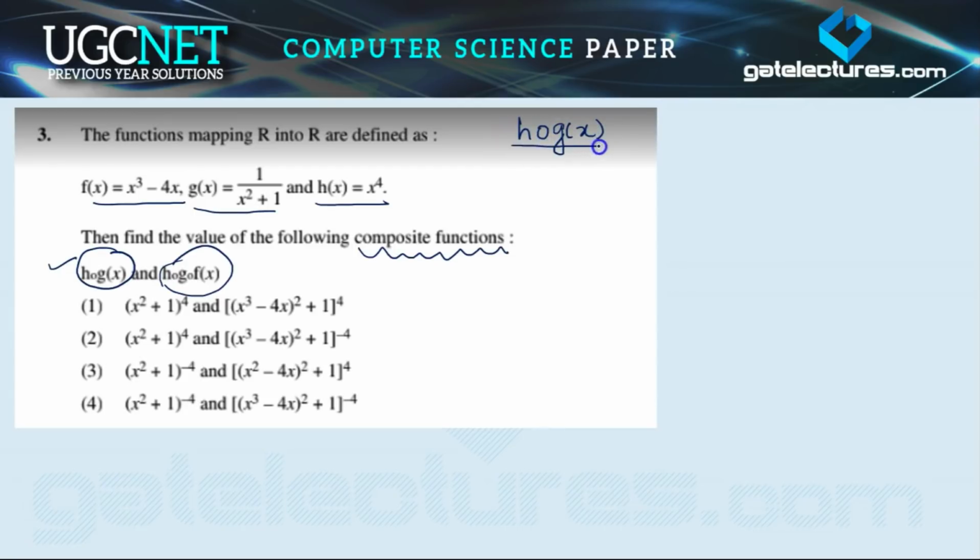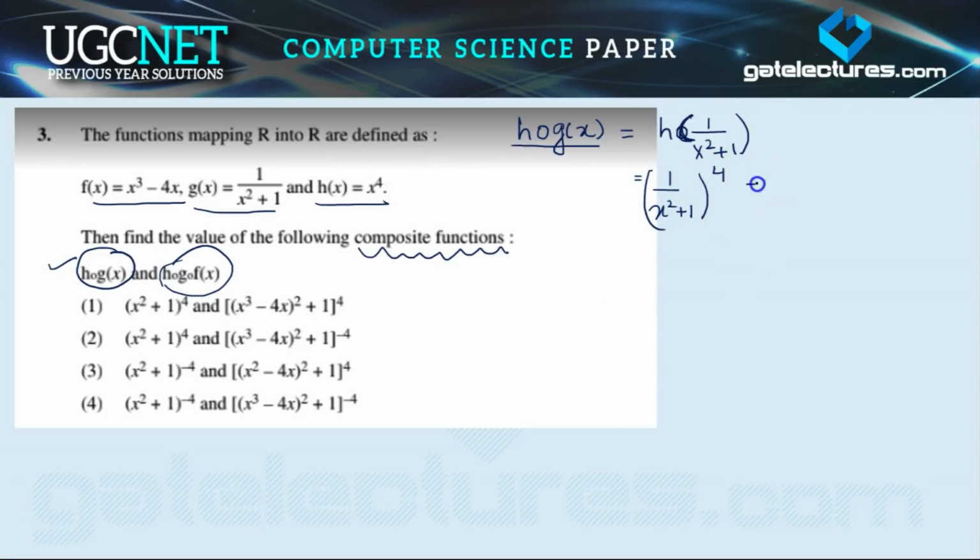Now it is equal to h of g(x), where g(x) is 1 by x square plus 1, and h(x) is x power 4. It means for this x value, just write x and then whole power 4.